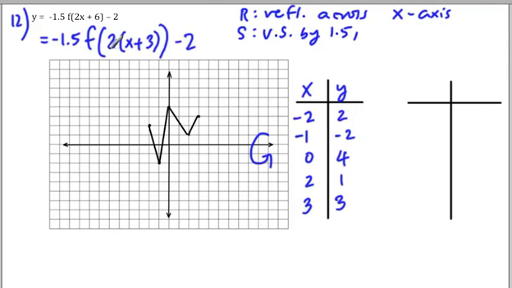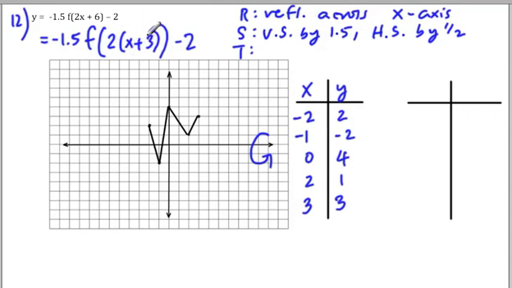Now if we look at the x's, we see a 2 over here. And remember, this is an efficiency factor. So if this is 2, that means we just need half as many x's to get the same output. So in this case, this is going to be a horizontal compression by 1/2. Okay? And finally, for the translation, we can see that this is x plus 3.